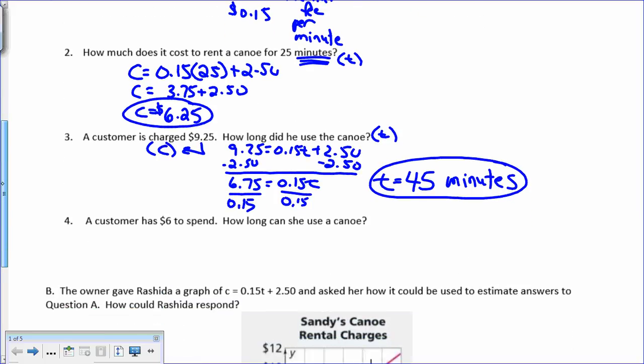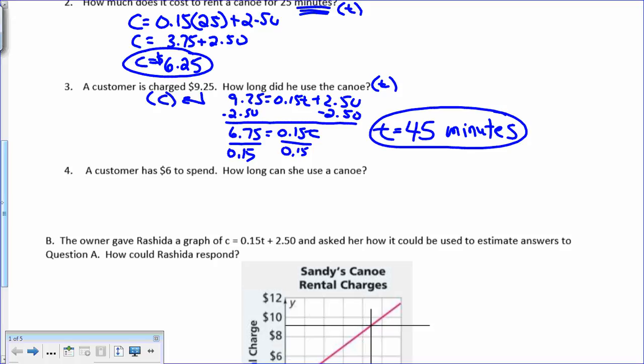Now, number 4, if a customer only has $6 to spend, how long can she rent the canoe for? Well, it's almost like question 3 above. Instead of $9.25, we're going to replace the C with $6. So it's the same question, just using less money, so our answer should be less than 45 minutes.